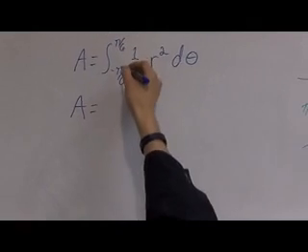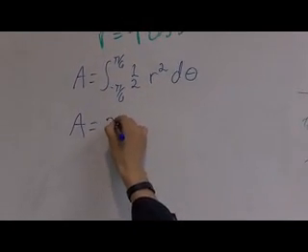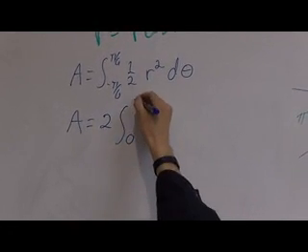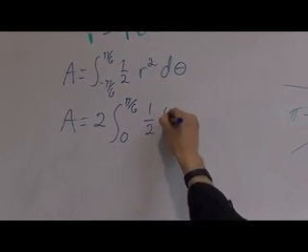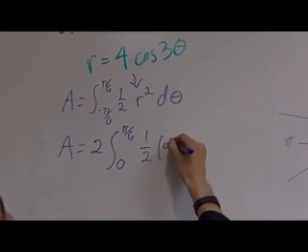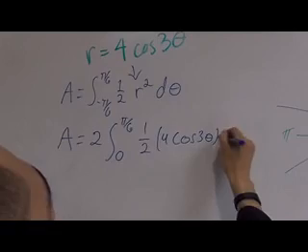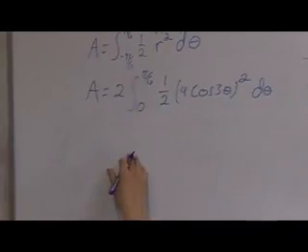So we can cut this in half. We multiply the equation by 2, and we go from 0 to pi over 6. 1/2, we're going to plug in r. It'll be 4 cos 3 theta squared d theta.